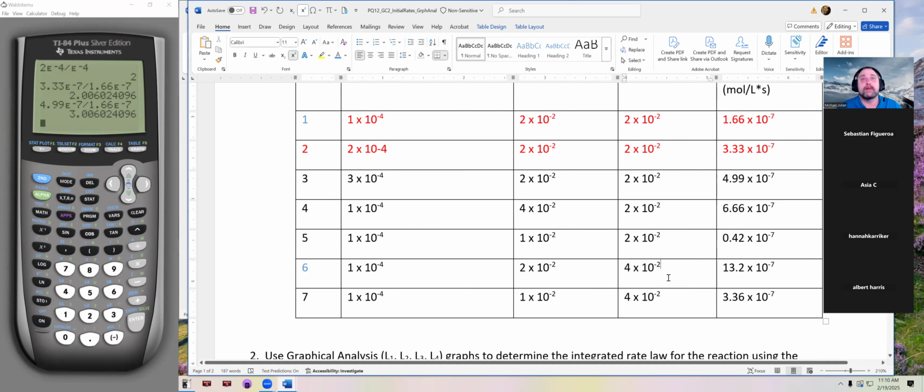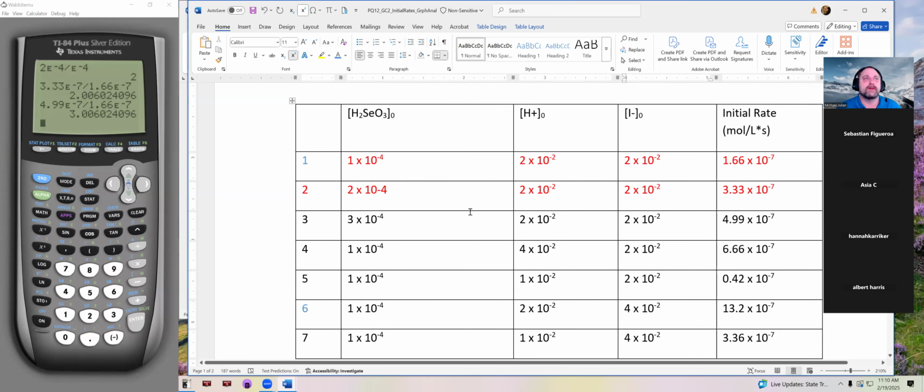I could have gone in and looked at reaction 7, which changed this to 4, and reaction 5. So 1, 1, 1, and this went from 2 to 4. So it doesn't matter which of these we look at.